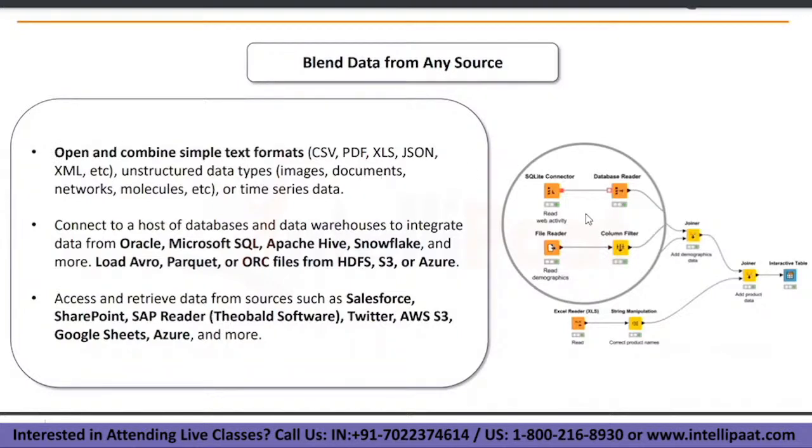For example, if you're going with SQLite, you will have a connector available as a node. You will have a database reader that reads the data from the database you are connected with.